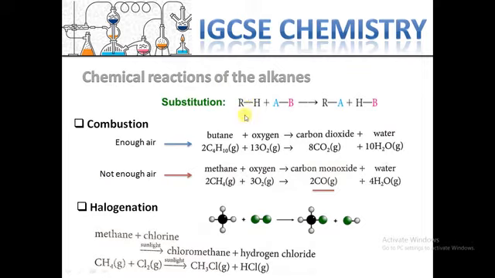So the bonds here can be broken down, and also the chlorine molecule can be broken down, and then each part can react with the other, and actually this is a replacement reaction. So finally you will get chloromethane like this, and hydrogen chloride. This is the hydrogen, only one hydrogen, which is joined to chloride.